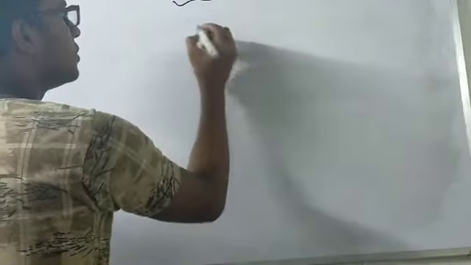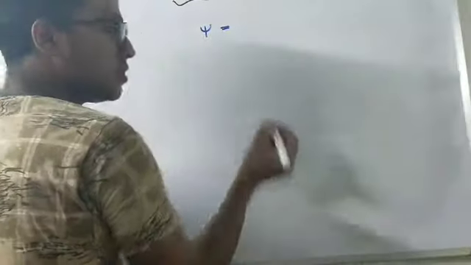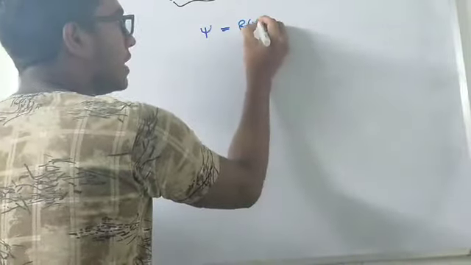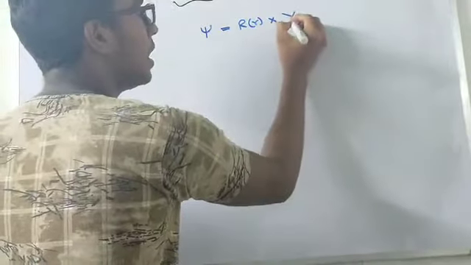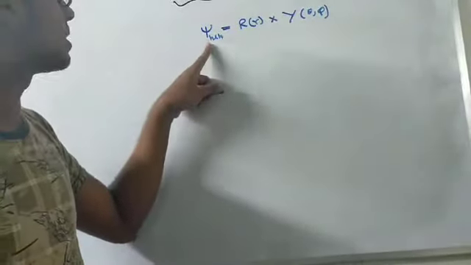In the previous video we learned that related to every atomic orbital there is a mathematical equation, and that mathematical equation is called the wave function, and that is basically denoted by the letter psi, and that equals the radial wave function times the angular wave function, and this depends on three quantum numbers n, l and m, that means principal quantum number, azimuthal quantum number and magnetic quantum number.